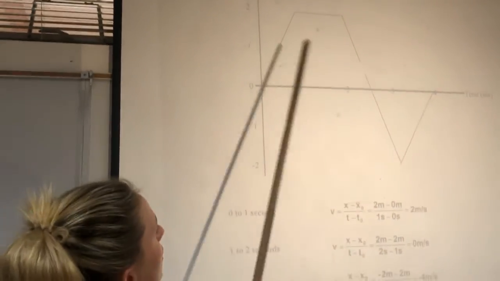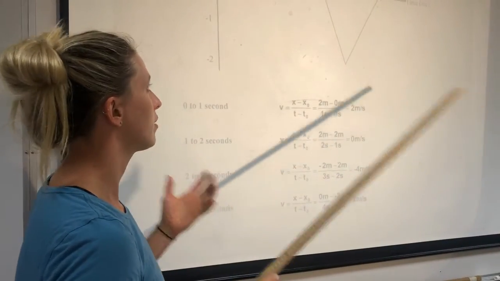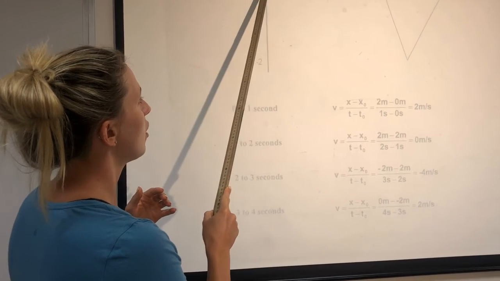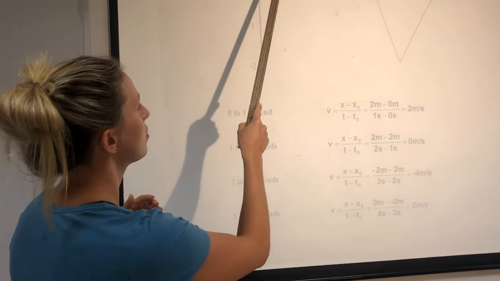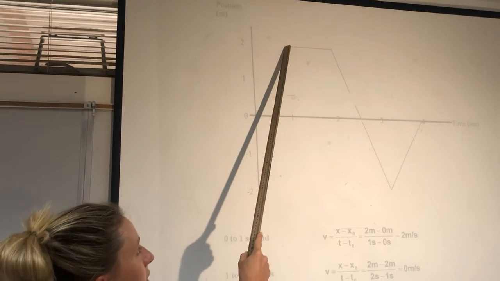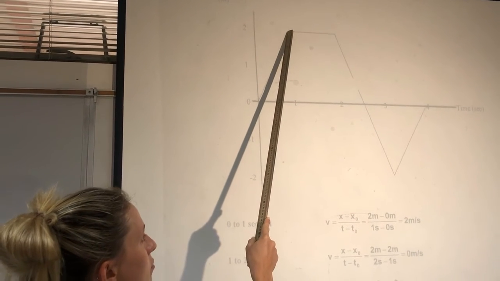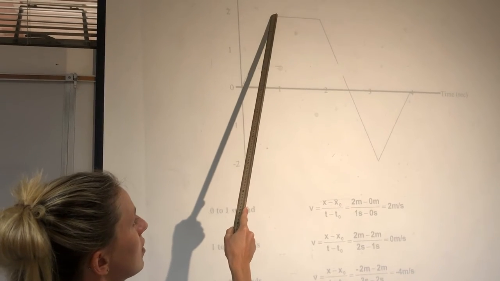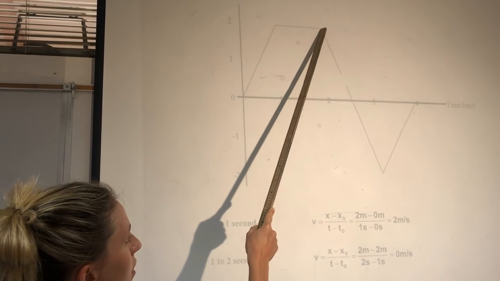If you are going to do a velocity versus time graph, what does that mean? What will it look like? As you go from 0 to 1 second, throughout that entire time, you have a constant 2 meters per second. What is that going to look like on a velocity versus time graph? From 1 second to 2 seconds, you have a constant 0 meters per second.